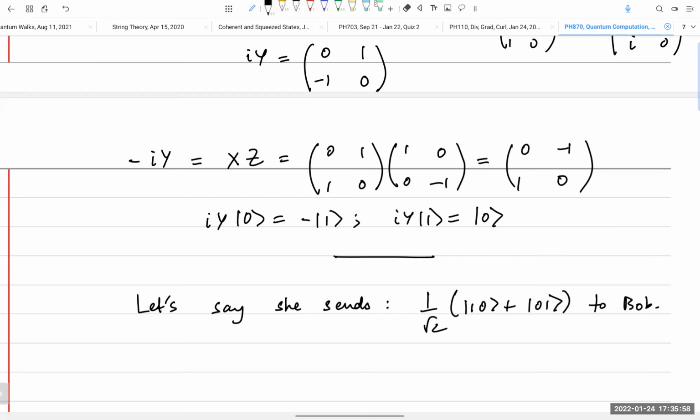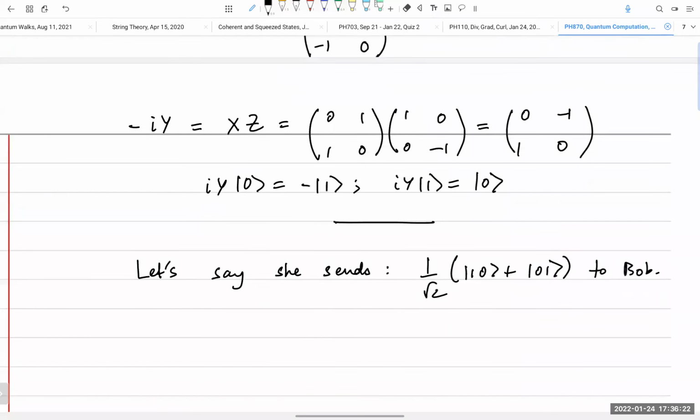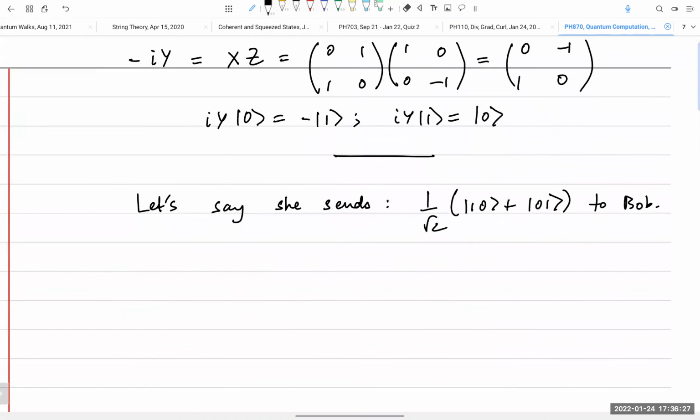I mean, she's not really sending this state to Bob. She's sending her qubit to Bob, but her qubit and Bob's qubit together are globally in this state. Now, Bob can perform a measurement of these 2 qubits.